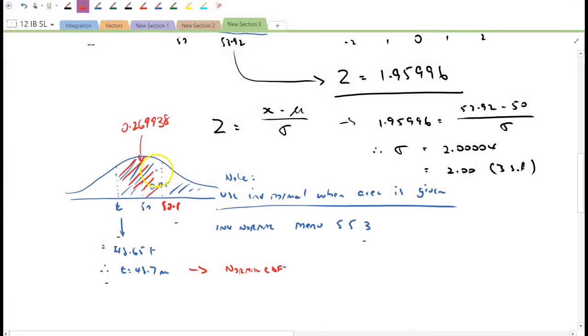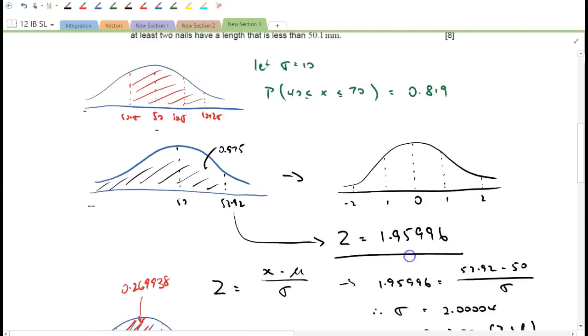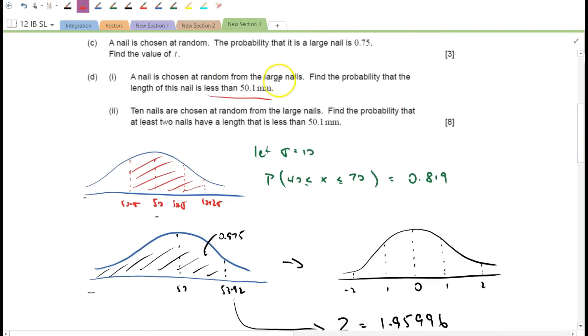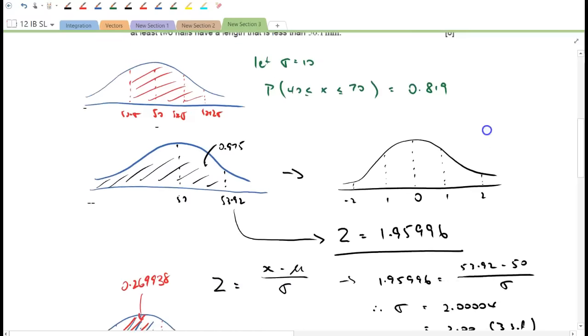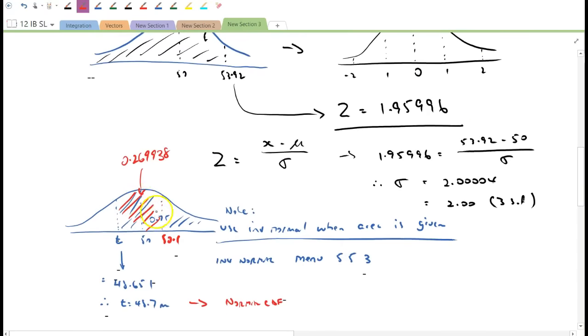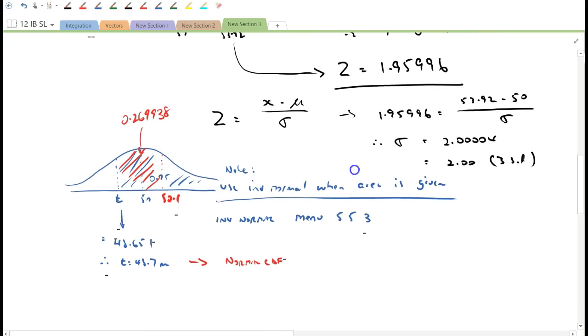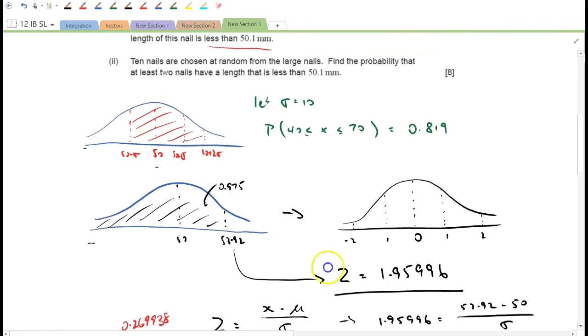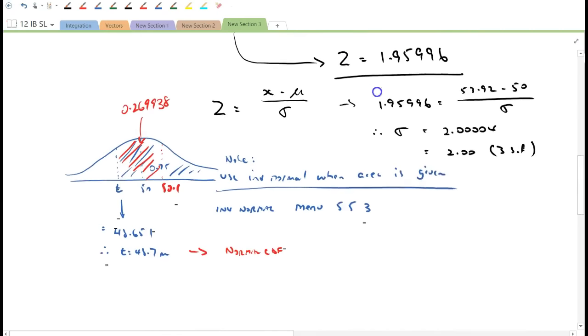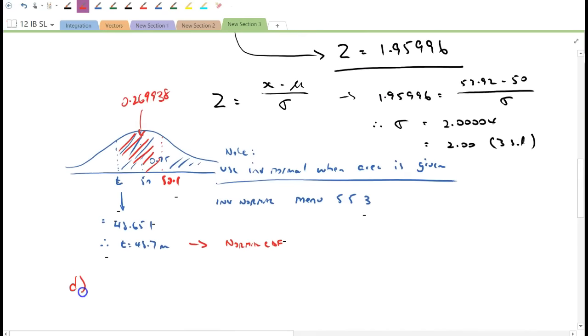Now we're asked, if a nail is chosen at random from the large nails, what's the probability it's going to be less than 50.1? So it's that divided by the whole sample space, which is 0.75. So for D part 1, it's going to be 0.269938.